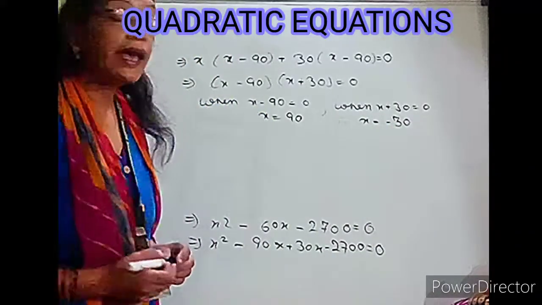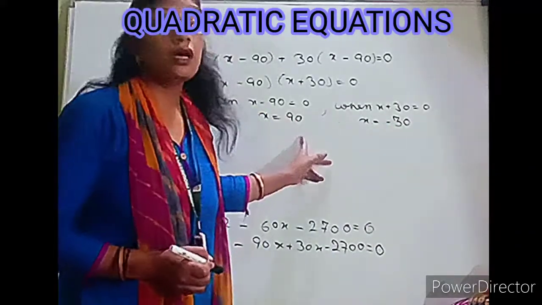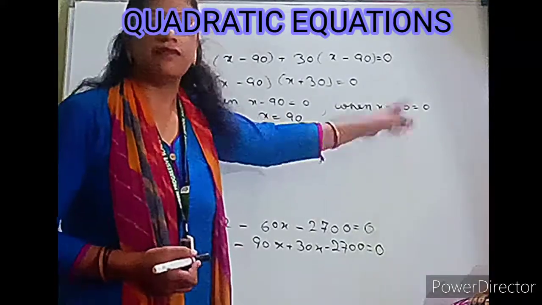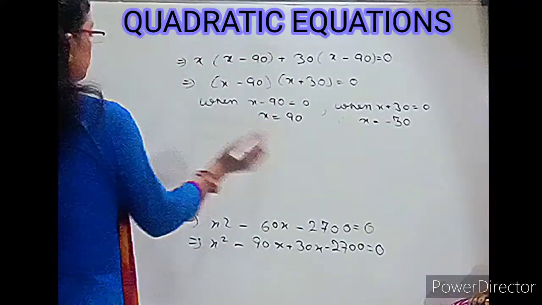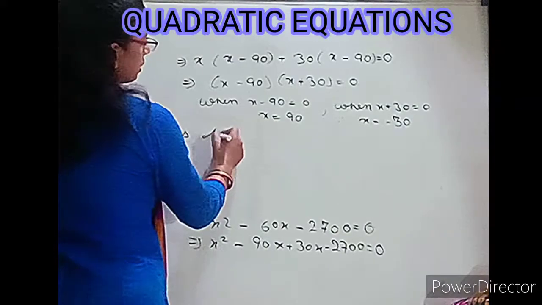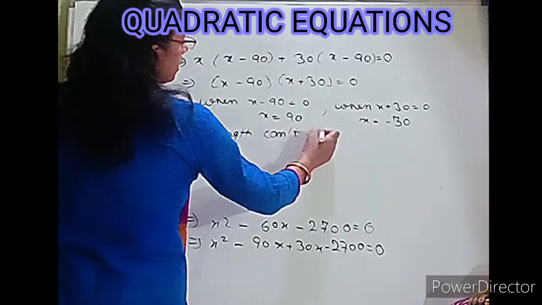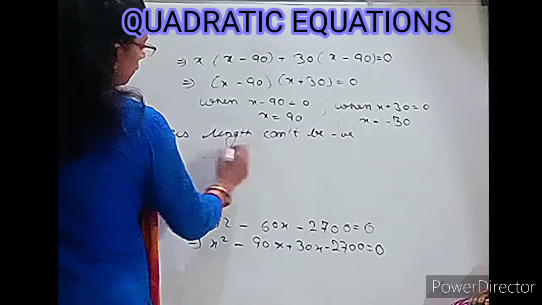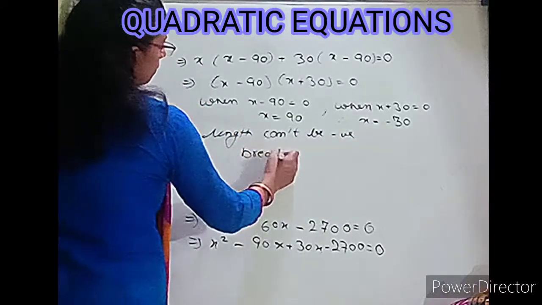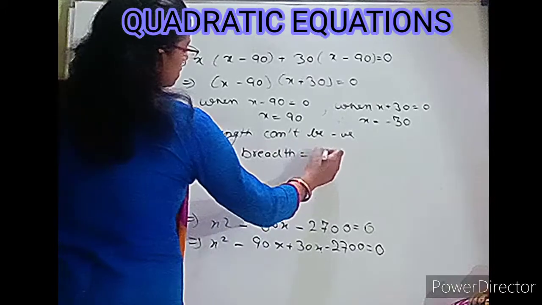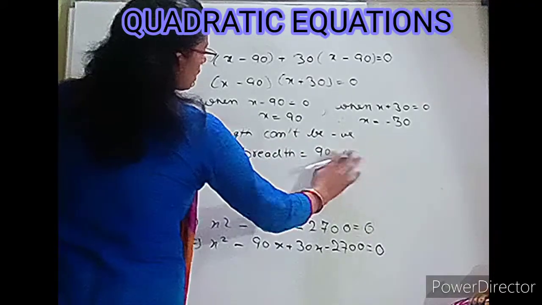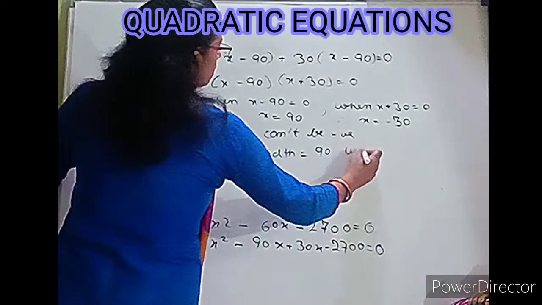So what is x? x is the breadth. The breadth cannot be negative, the length cannot be negative. So we'll write, length cannot be negative, therefore breadth is equal to 90 meter. I am writing 90 unit if no unit is given.